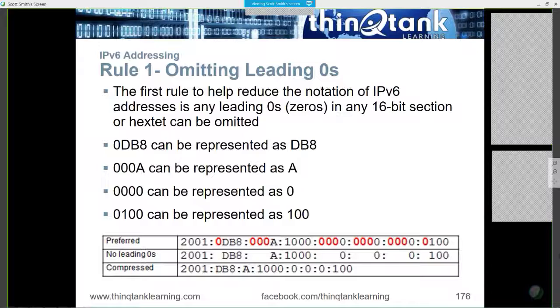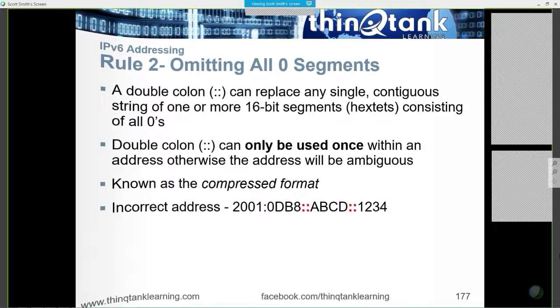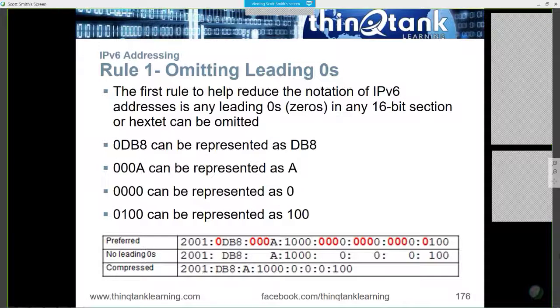The second thing that you can do is you can represent the largest consecutive blocks of zeros with a double colon. All right? But this has to be done in hextets. You can't take 2 zeros from one and then 16 zeros from another and take them out. So if I go back to my previous example, where is the largest block of consecutive zeros here?